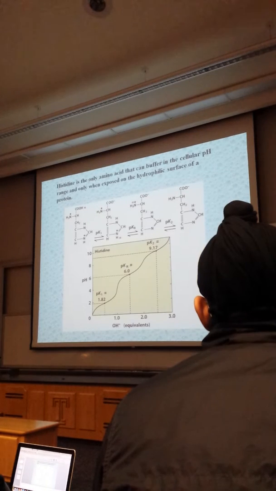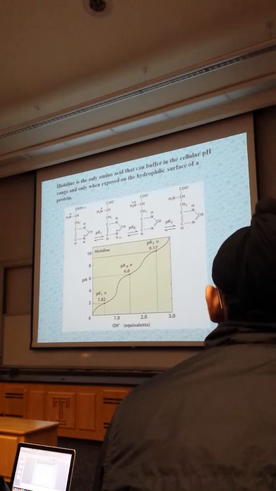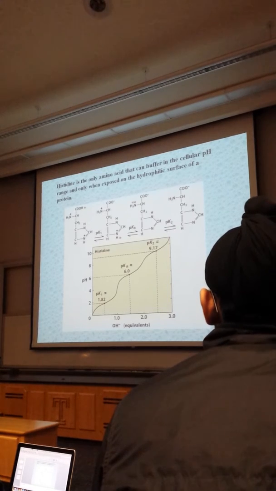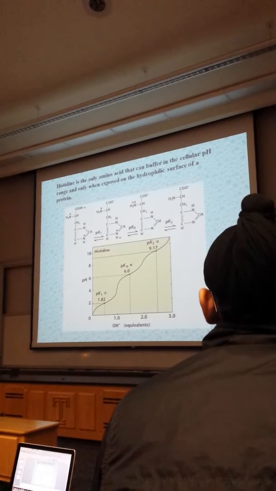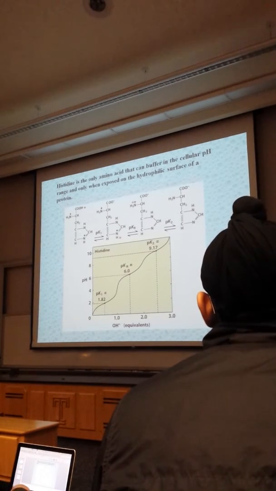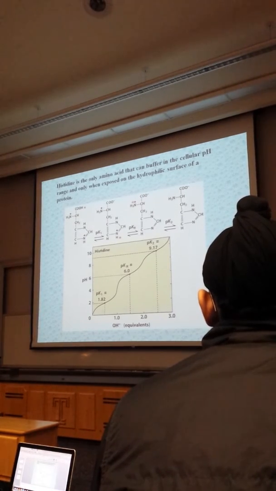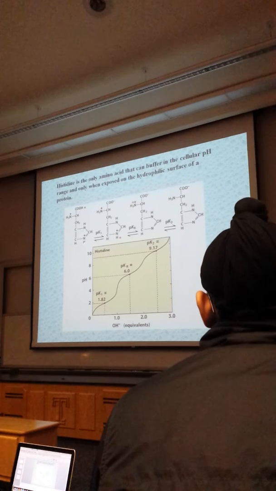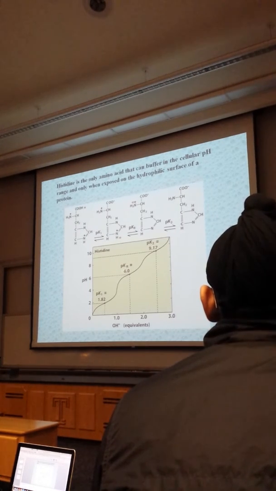And you get a similar situation with another amino acid, histidine. Of all of the amino acids, we have 20 different amino acids that combine to form all of our different proteins. Histidine is the only amino acid we have that can buffer at cellular pH, and look at this fancy R group that histidine has. The pKr, or the background pH that will allow histidine to donate a hydrogen, this hydrogen right here, to the environment, is a background pH of 6.0.